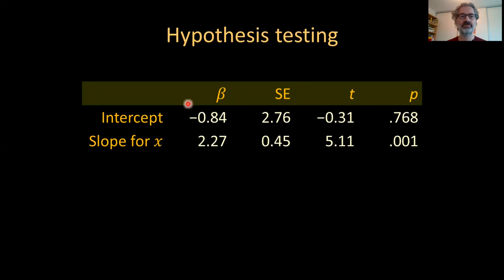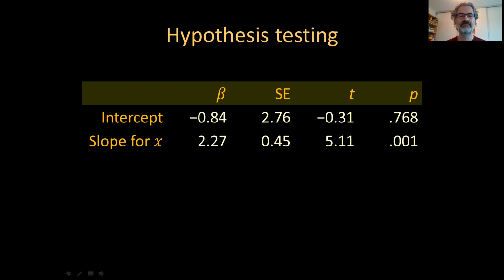And our intercept is minus 0.84, as we've seen, and the slope is 2.27. And as for every other statistic, we get a standard error for each one of them. This is the standard error for the intercept, and this is the standard error for the slope. We will not consider the formulas that provide these standard errors.